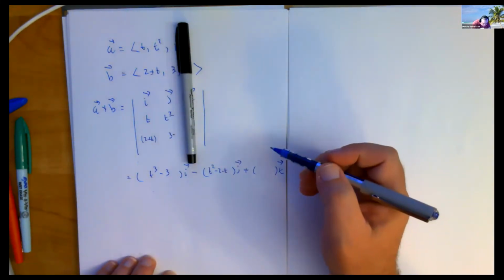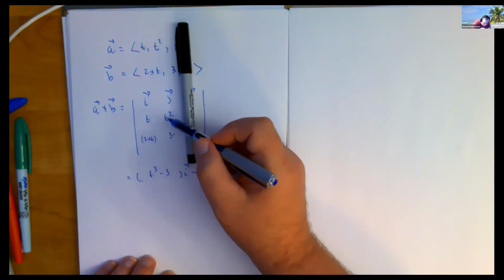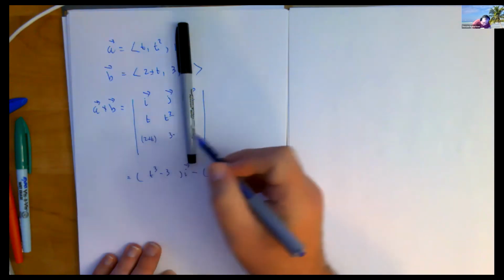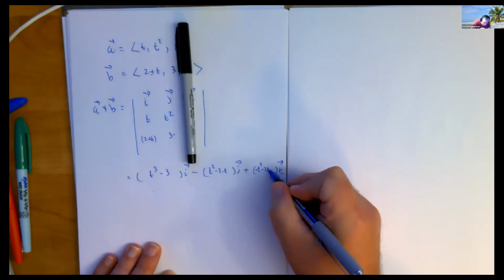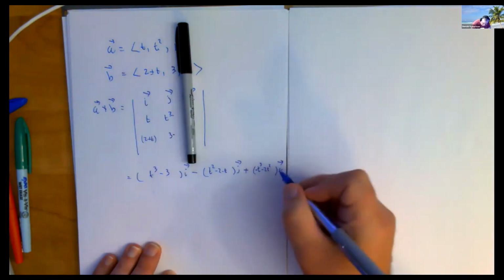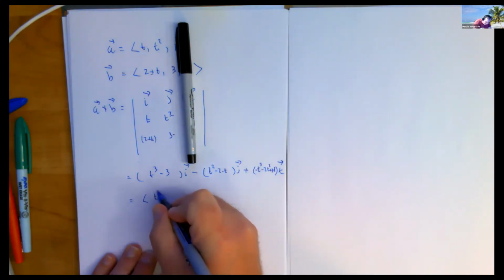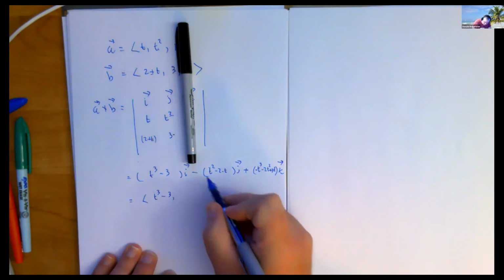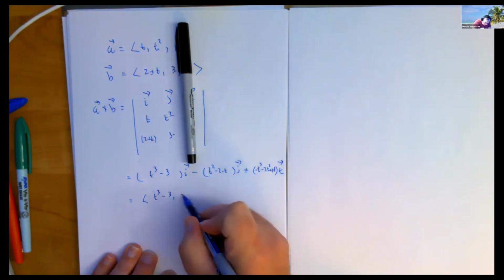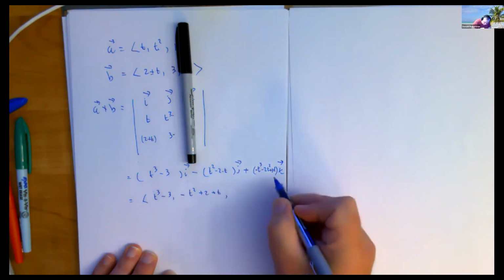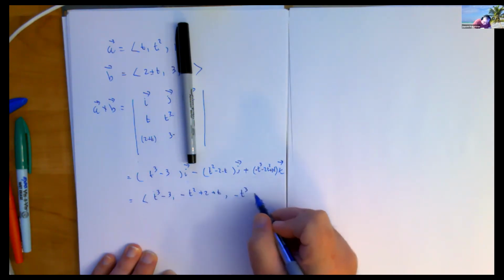Oh God, that's going to be messy. So what you get? You're going to get a negative t cubed, a negative 2t squared, and a 3t. So make it look pretty. T cubed take away 3. If you take the negative of that, everybody kind of switches signs, and then you've got that guy to finish.